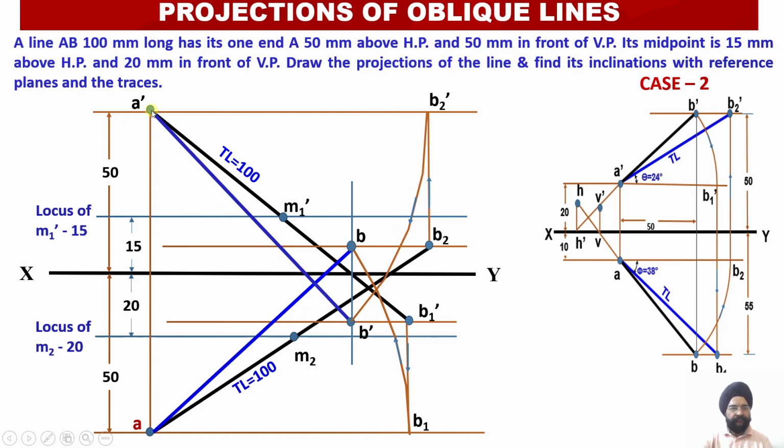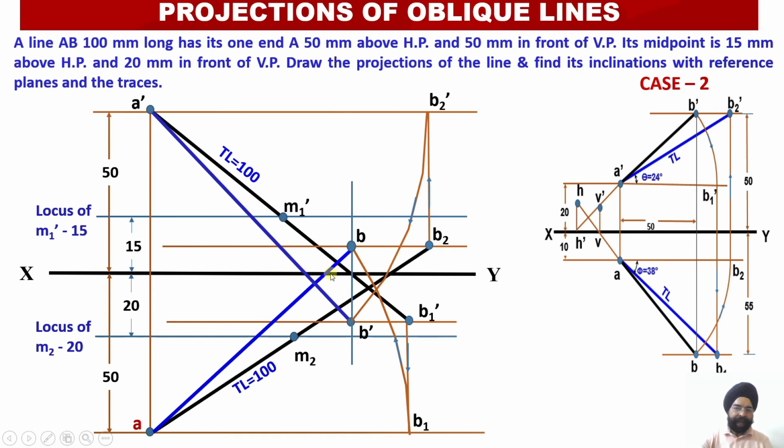Now please check, wherever my elevation apparent length A dash B dash intersects the XY line, I get the point H dash. From this H dash, I'll draw a vertical perpendicular down till it meets my plan projection line of AB, and I get point H over here.